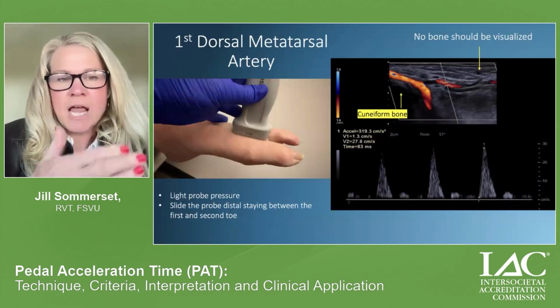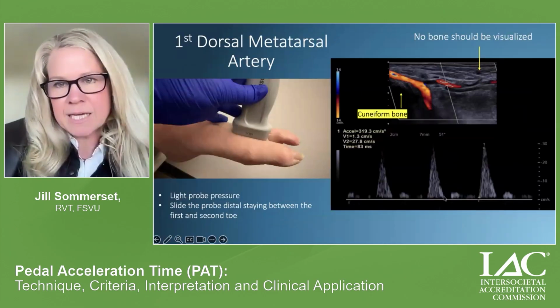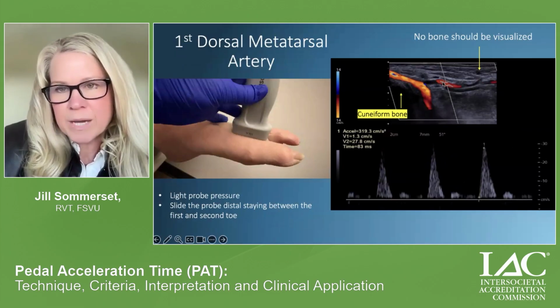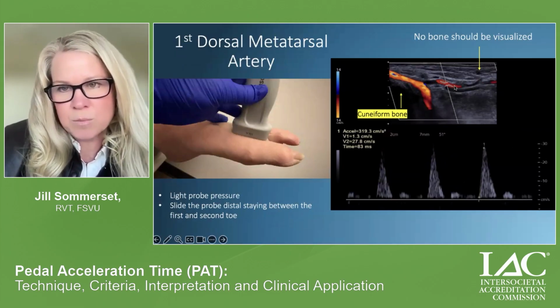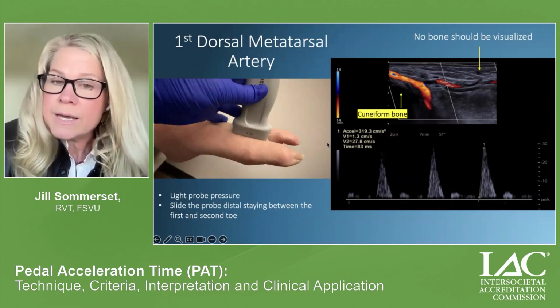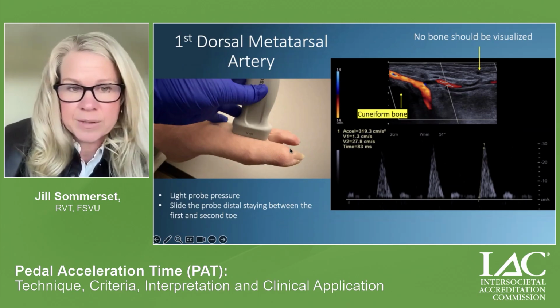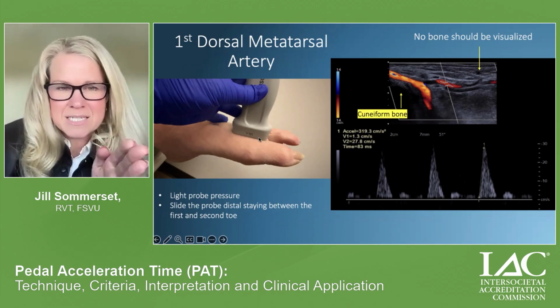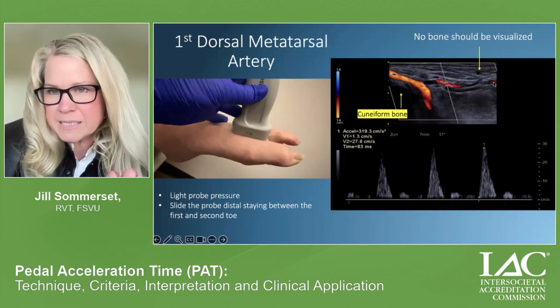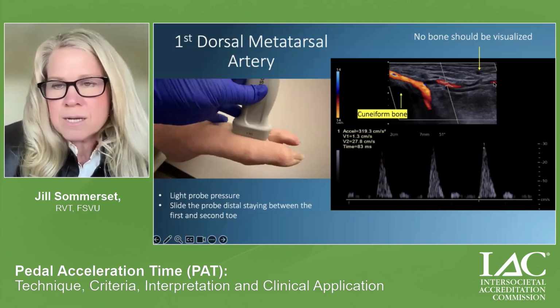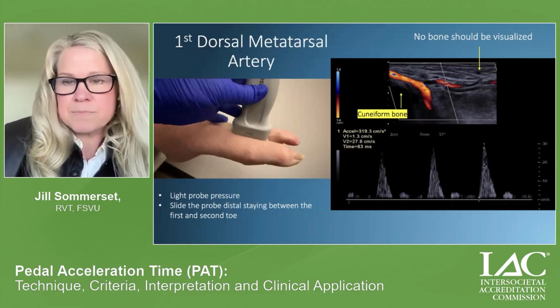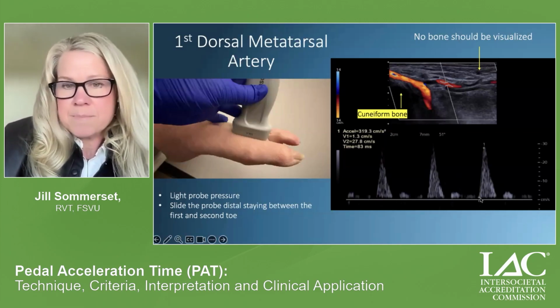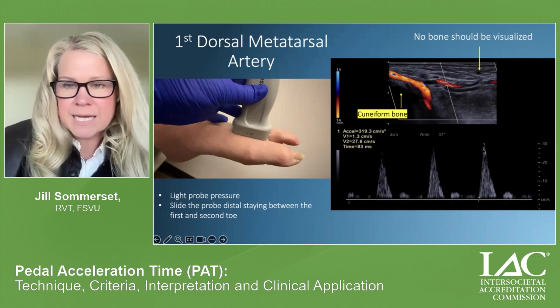From here, you're going to slide the probe just a little distally, and you can evaluate PAT in this first dorsal metatarsal artery. Now, if this patient had gangrene of the first toe, I'm going to slide as distal as I can, probably take a PAT out here just to ensure that the PAT is adequate. You can see here that the PAT here is 83 milliseconds.